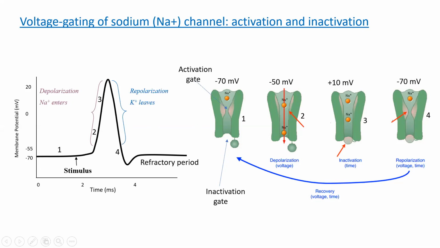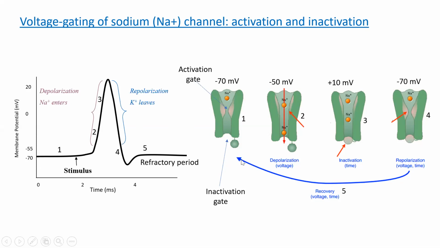And then there's this period called the refractory period, and that occurs because even if a stimulus came along to stimulate the cell to a higher potential as before, the inactivation gate takes time to reopen. Okay, so during this refractory period there's a recovery period where the cell cannot fire.